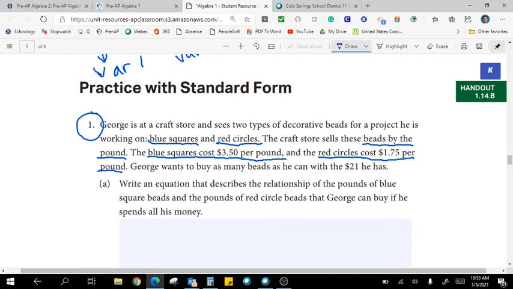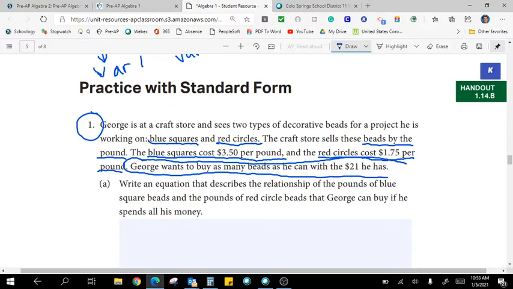George wants to buy as many beads as he can with the $21 he has. So we're talking about the amount of money here, that he has $21 to spend, and all of this is in terms of money.